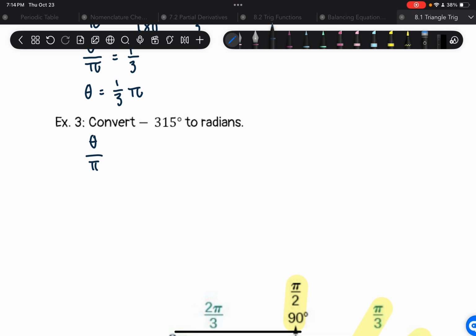Theta over pi equals negative 315 degrees over 180. And then again, I'm going to simplify this into negative 7 over 4. So theta over pi equals negative 7 over 4, which would just be negative 7 over 4 pi.